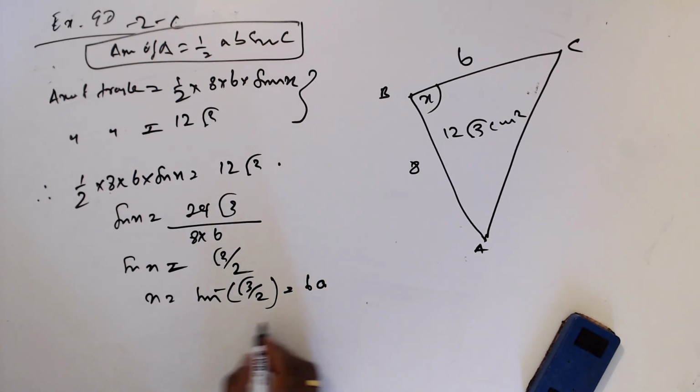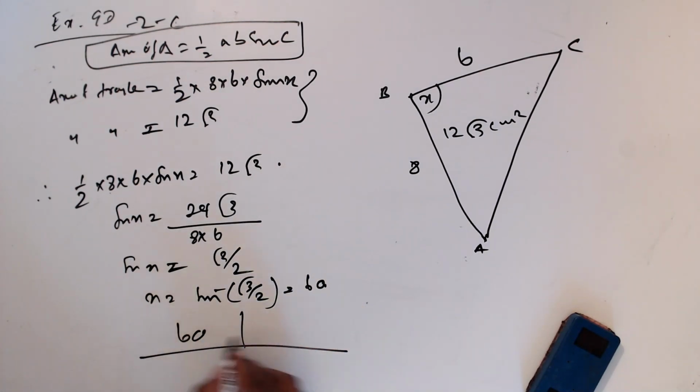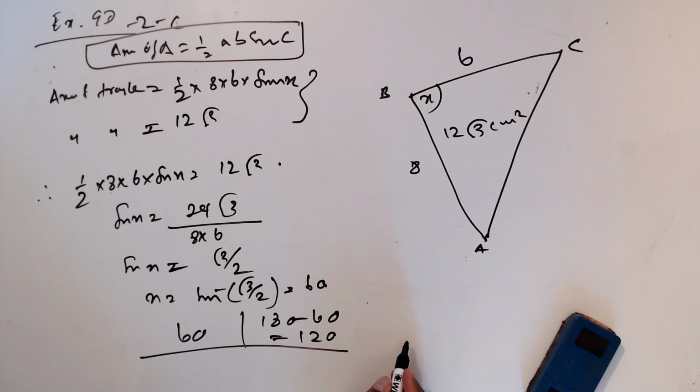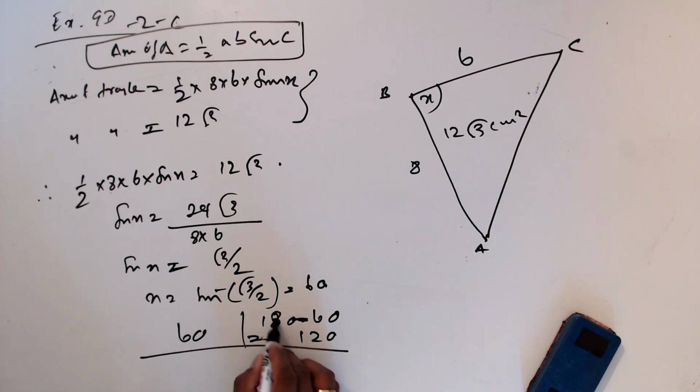So one answer is 60, the other answer is 180 minus 60, which is 120. As I said, you just do this second one, 180 minus 60. You will soon know why it is.